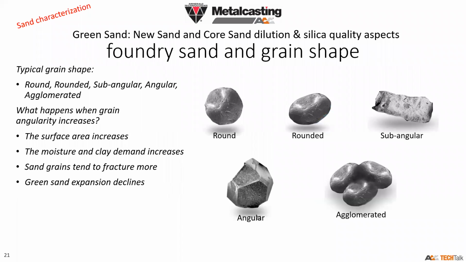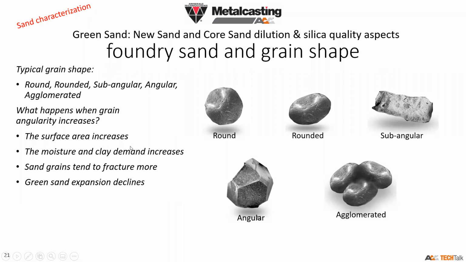The next one is foundry sand and grain shape. You can see that we can define the grain shape with different names: round, rounded, subangular, angular, agglomerated. It is a simple way to classify the grain shape. What happens when grain angularity increases?